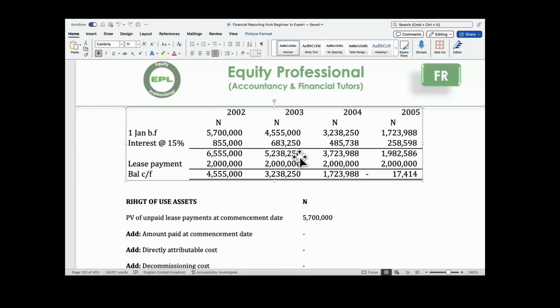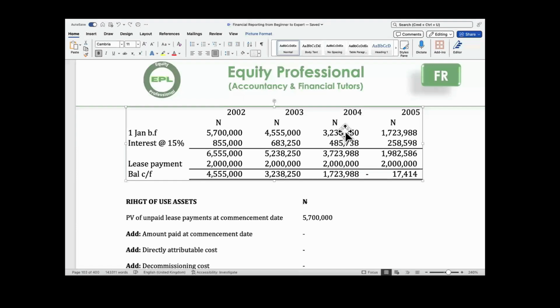The same thing. In 2003, this 3.2 million, I can also split into current and non-current. Okay, I'm in 2003. My liability is 3.2. Some portion will be paid next year. Some portion will be paid after more than 1 year. The best way to split it: I'm owing 3.2 in 2003.